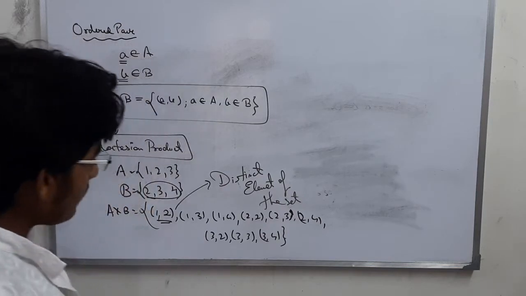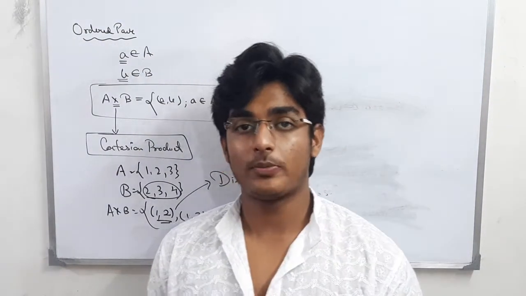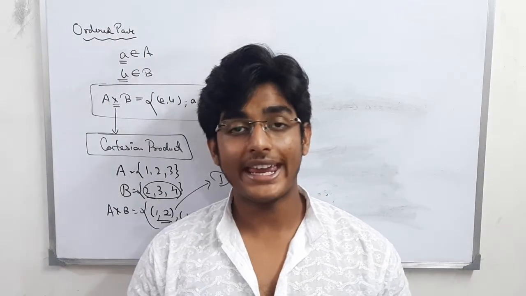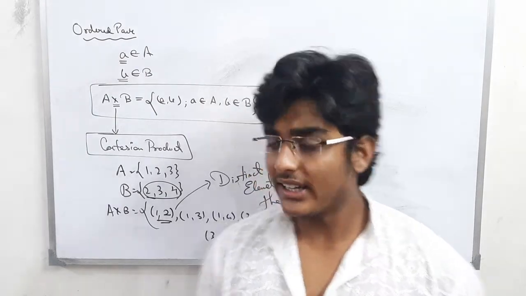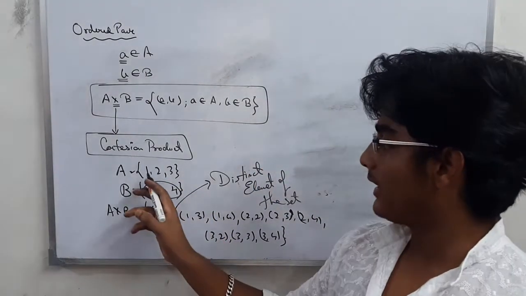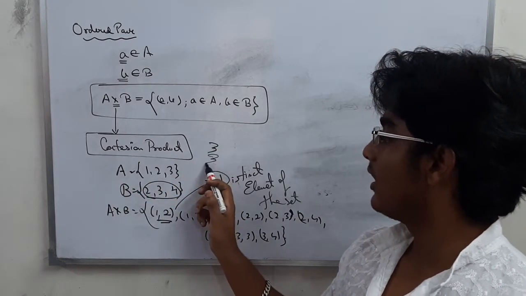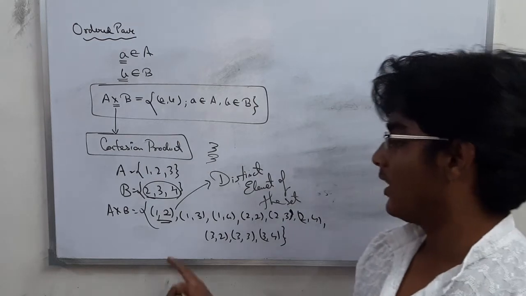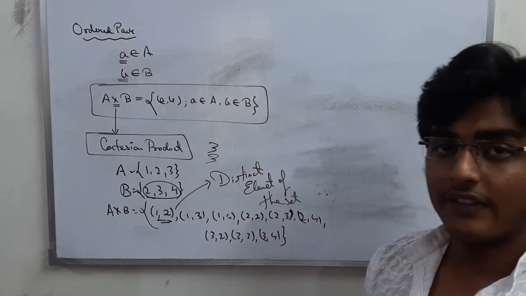Now, what should be the cardinality of A cross B provided the cardinality of A is P and cardinality of B is Q? You can easily calculate it from this example itself. See, cardinality of A is 3 and cardinality of B is 3. What is the cardinality of A cross B? It is 1, 2, 3, 4, 5, 6, 7, 8, 9.